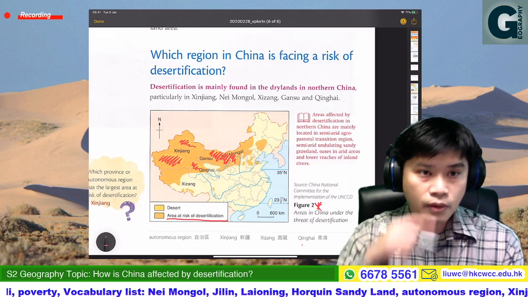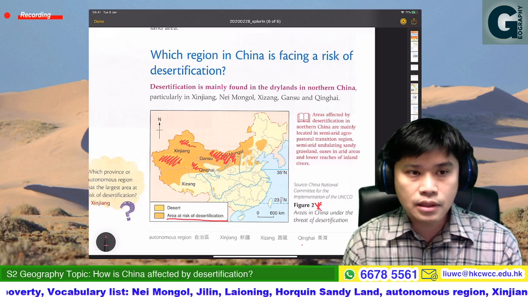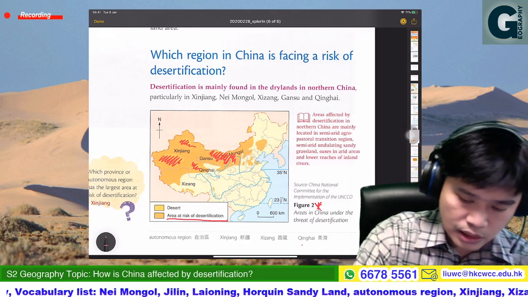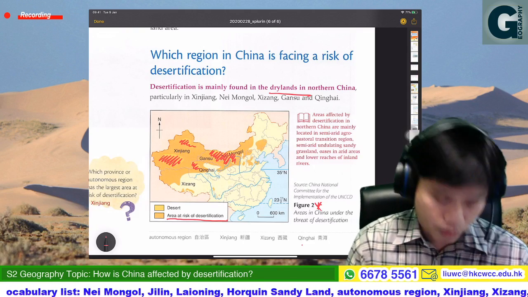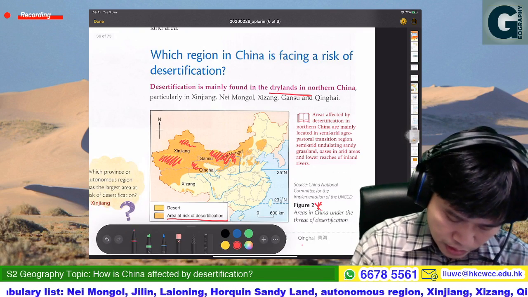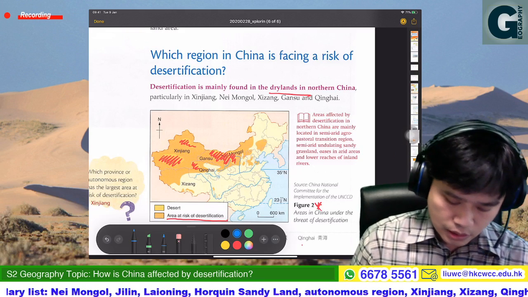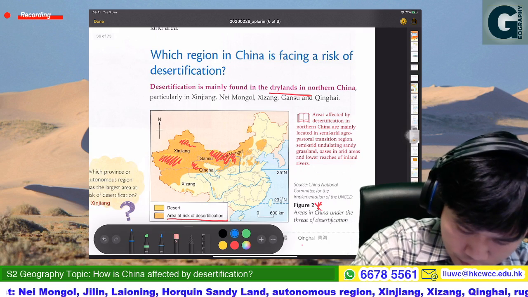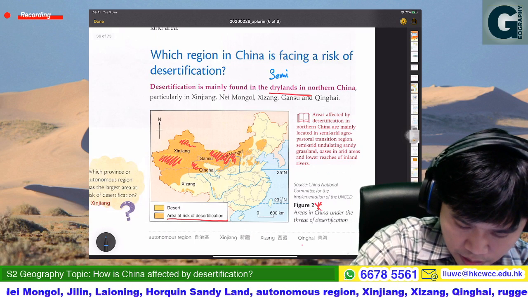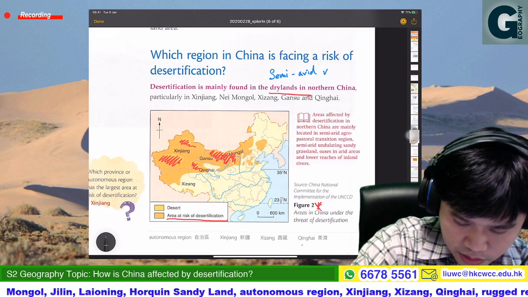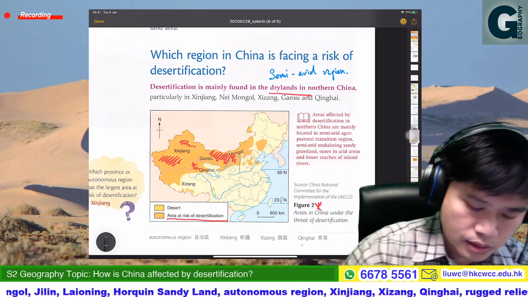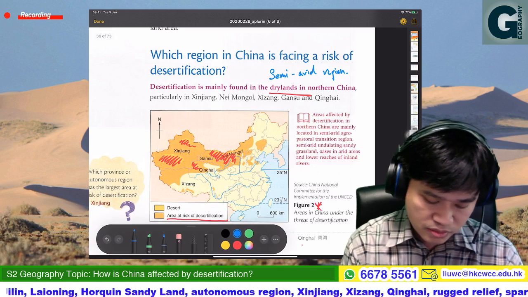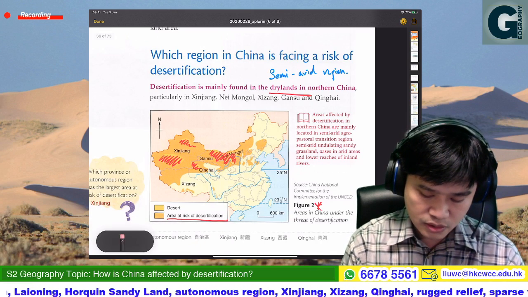Before, I have already mentioned that desertification may only take place in the dry land or at the margin of the desert. I hope you still remember the semi arid region.